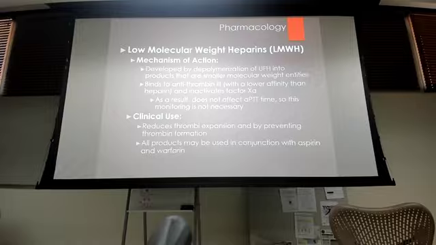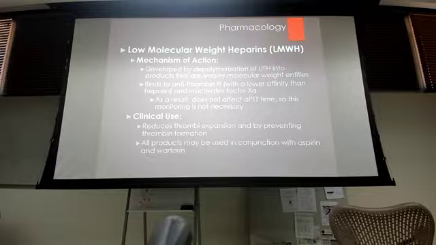If you go back to that schematic of the coagulation cascade, where I talked about the extrinsic and intrinsic forming that common pathway, it's at Xa. So the low molecular weight heparin is primarily inhibiting that factor, the same as a lot of our direct oral anticoagulants that we'll hit in the next hour.